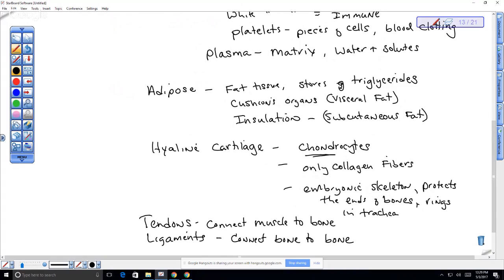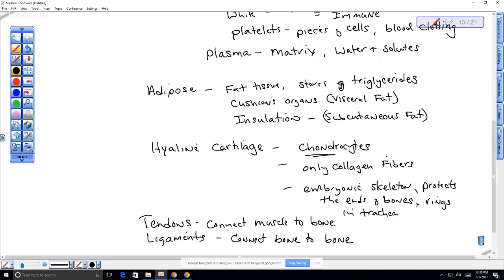And so if you get hit from the side, it can cause that cruciate ligament, specifically the anterior cruciate ligament, the ACL, to break off. And then you have to have surgery to repair it because ligaments and tendons, specifically ligaments, don't repair themselves very well. Okay, so that would be examples of connective tissue.